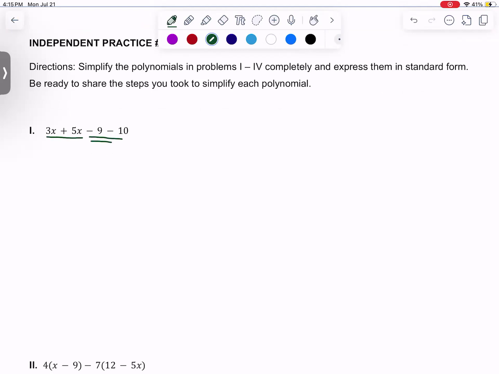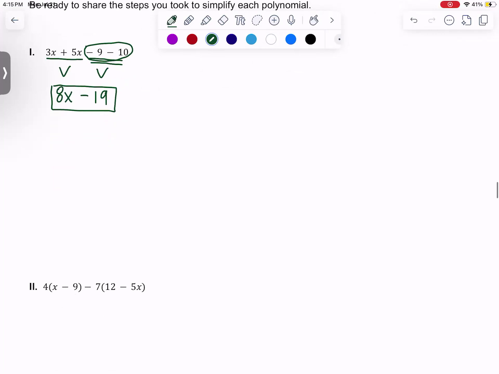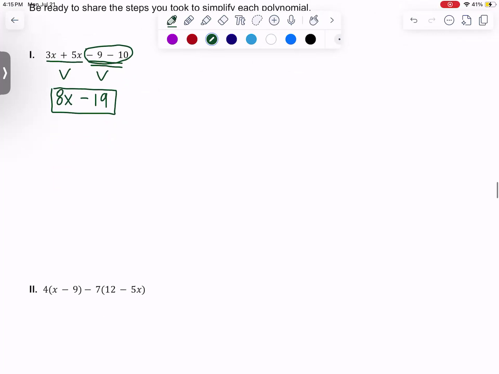Negative 9 minus 10. They're both constants. So 3x plus 5x makes 8x. Negative 9 minus 10 is negative 19. That's your final answer. You can't combine them further. So that's your final polynomial.